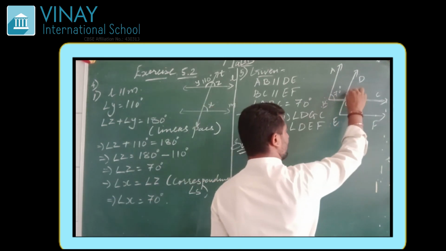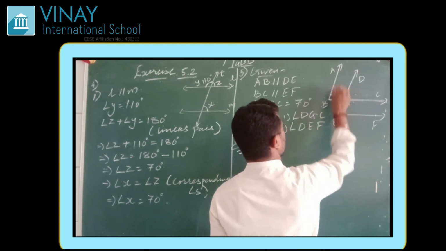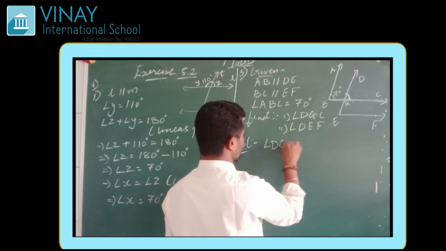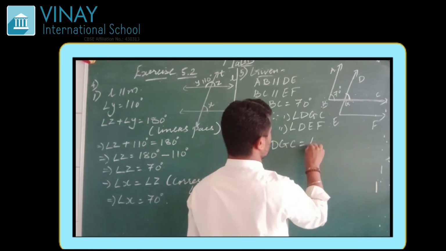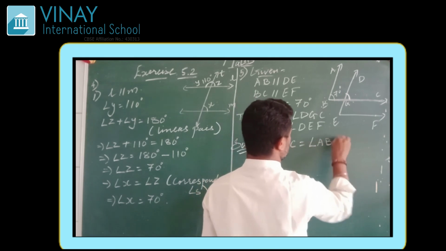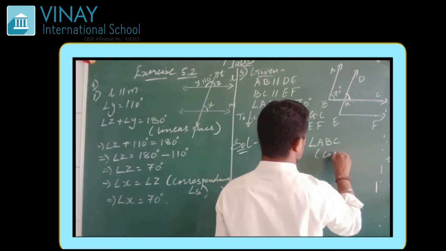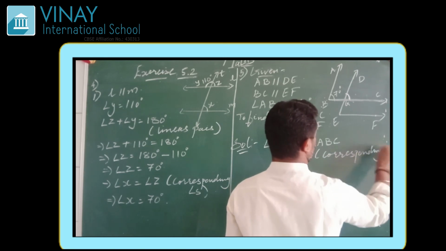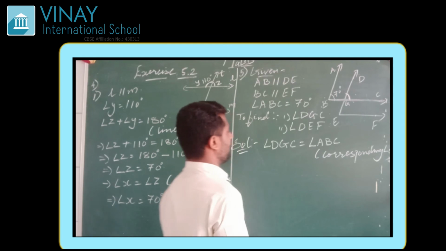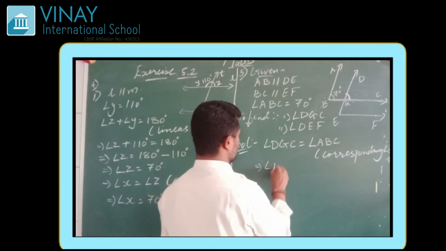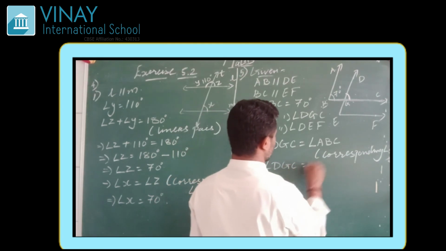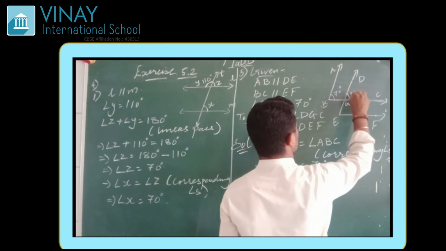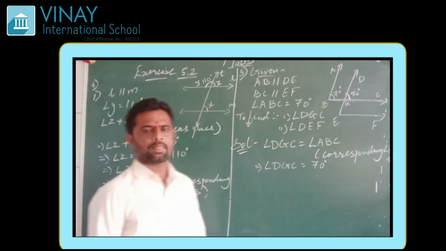So it is angle DGC and angle ABC. Angle DGC is equal to angle ABC because they are corresponding angles, and that's why angle DGC is equal to 70 degrees.